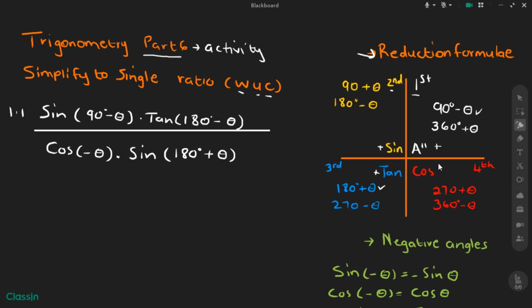Reduction formula according to our quadrants. Okay? So now we are going to check the diagram, and always remember, you can only write it in your answer script or your answer book. So you don't draw this on your question paper or at the back of the question paper. It's called copying.